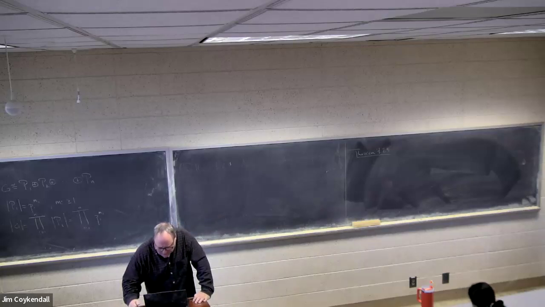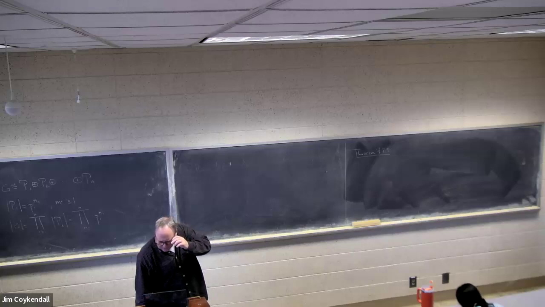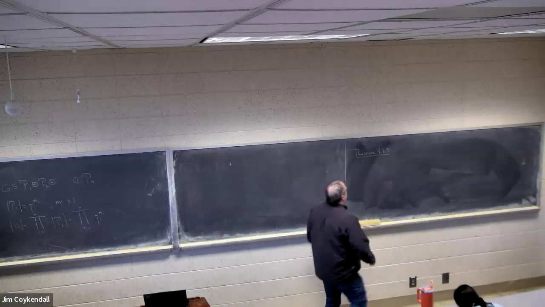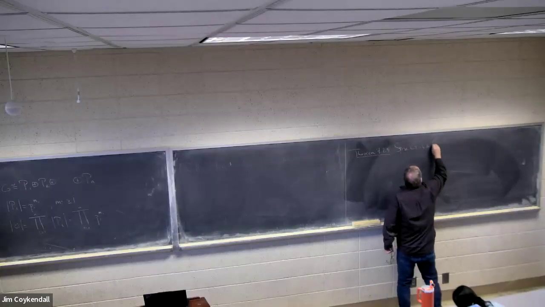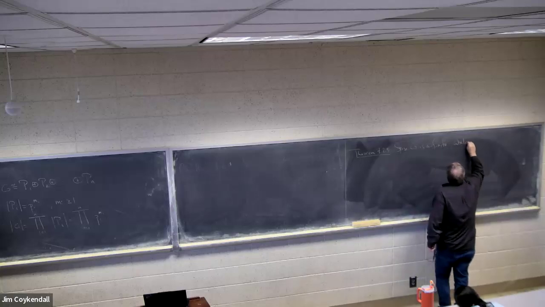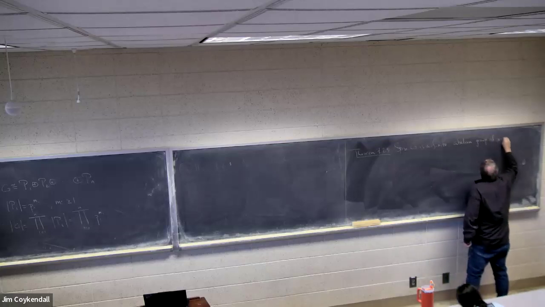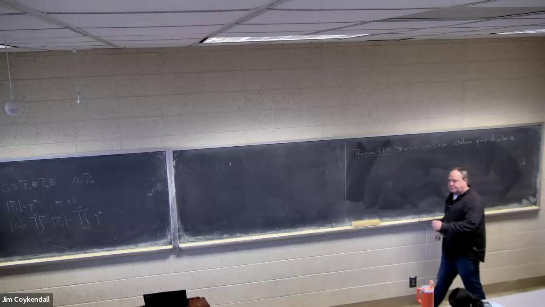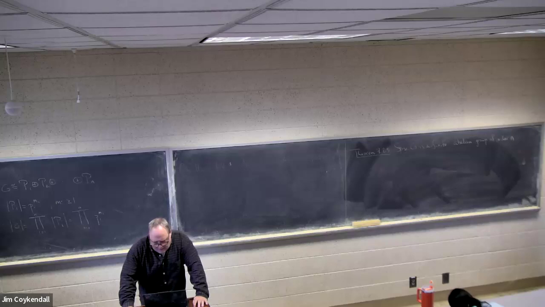I'm going to do this just for finite groups first, and then I'll give you a more general version. Suppose that G is a finite abelian group of order n. Then G can be decomposed as follows.